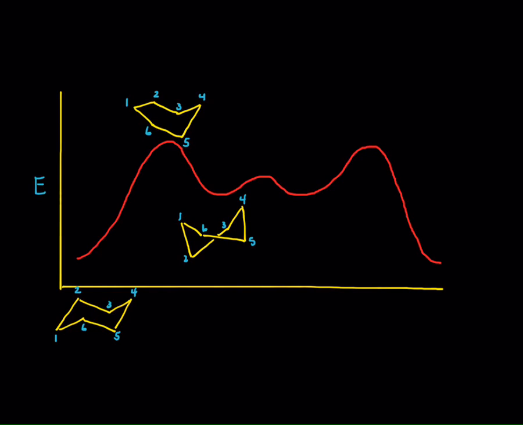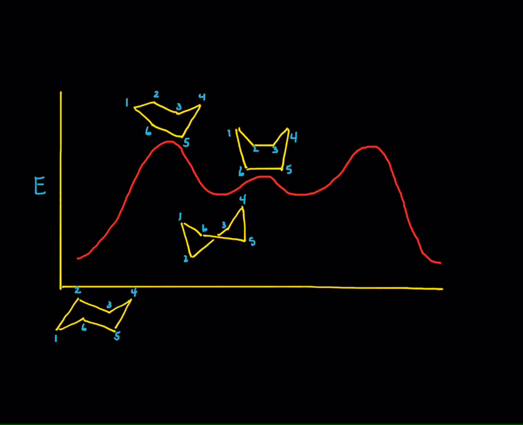And so it goes down to a lower energy level, but notice not as low as my original chair conformation. So now I'm going to twist it so that the C2, C3 bond and the C5, C6 bond are parallel to one another, giving me that boat conformation.